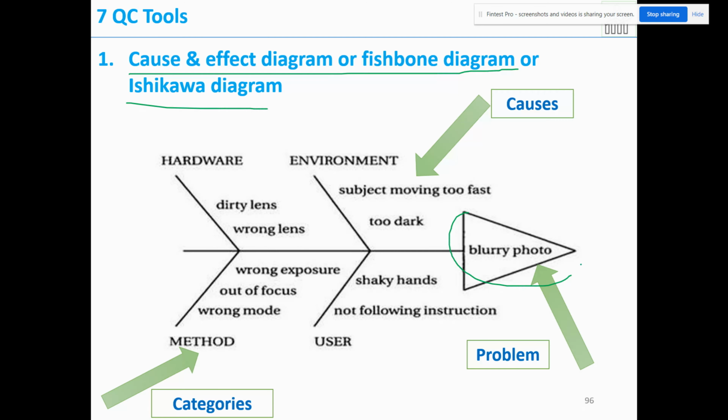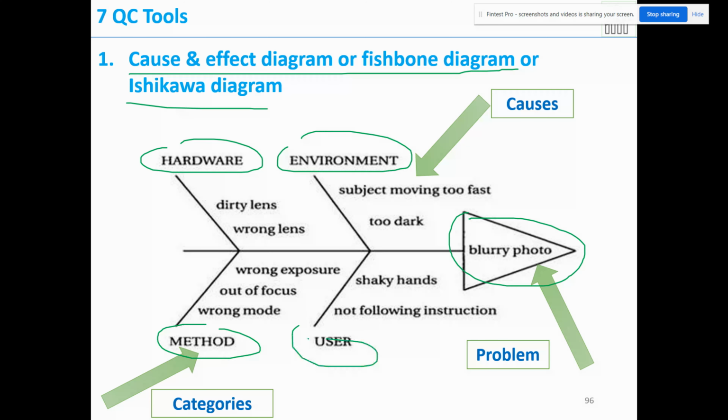The problem is a blurry photo. The categories taken are hardware, environment, method, user. For each category, the potential causes are dirty lens, wrong lens, subject moving too fast, too dark. Then coming to method: wrong exposure, out of focus, wrong mode.